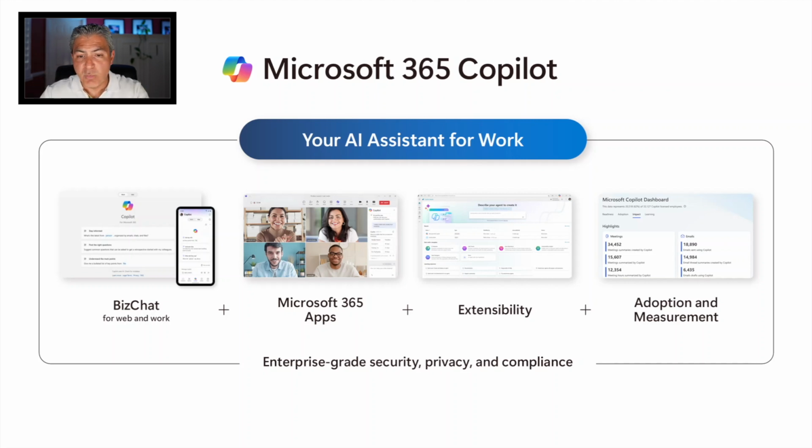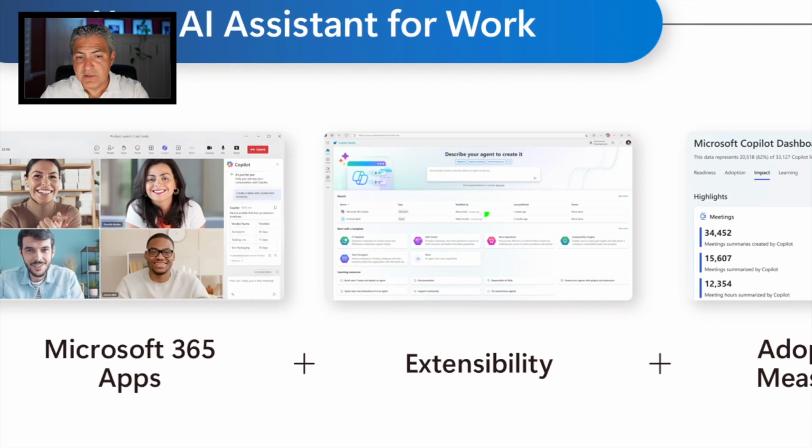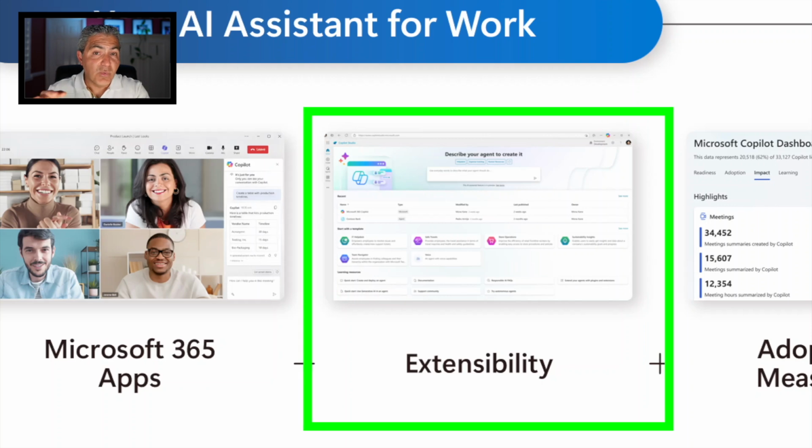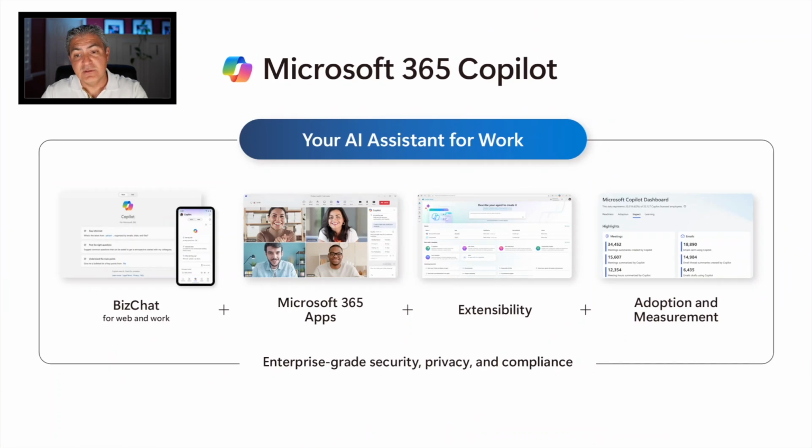But the key is that when you move into this extensibility layer over here, that's when you can start to use tools like Copilot Studio to create agents, which I think is really the future. And you can also measure and adopt and look at all these different tools, reports, analytics, and we have enterprise-grade security to kind of wrap all around it.